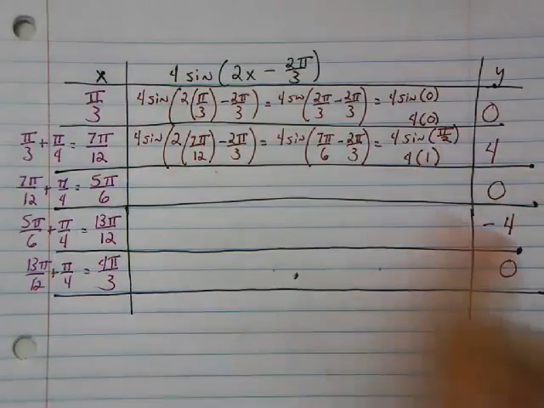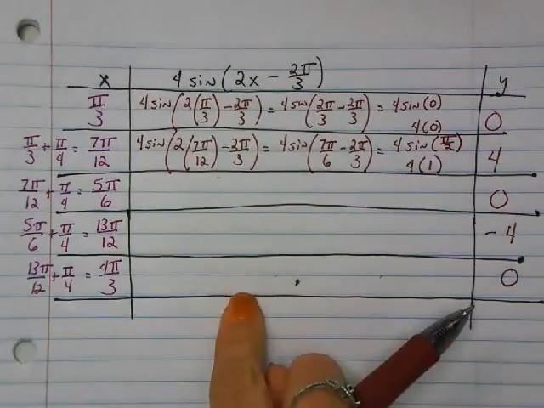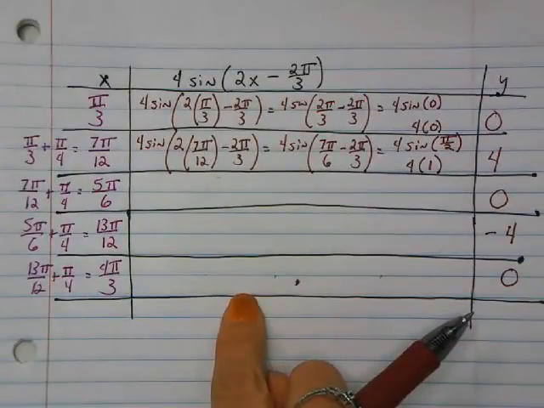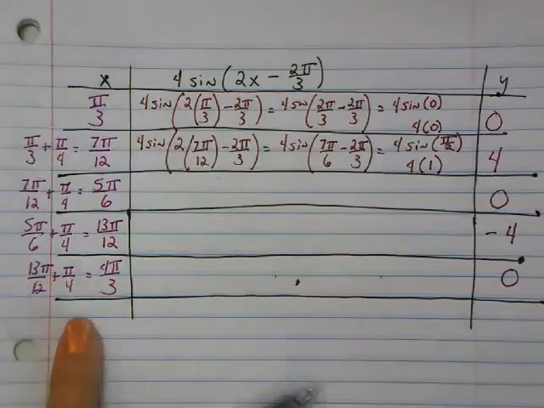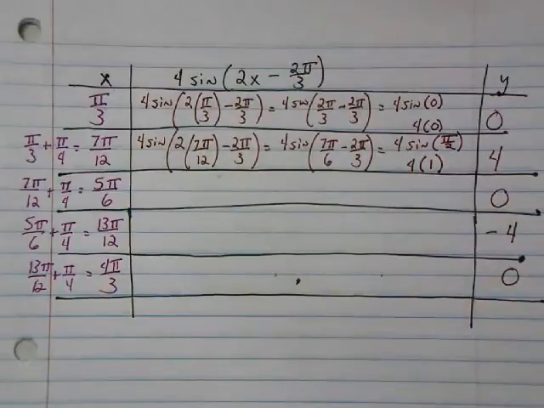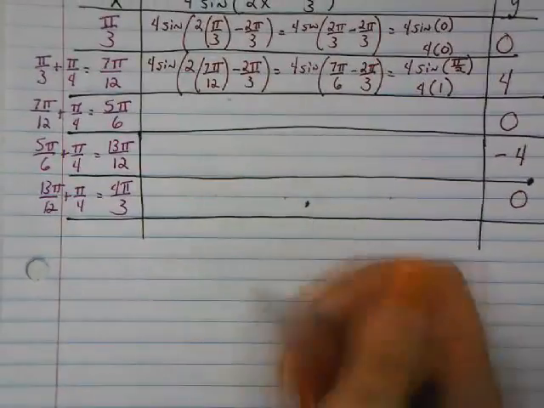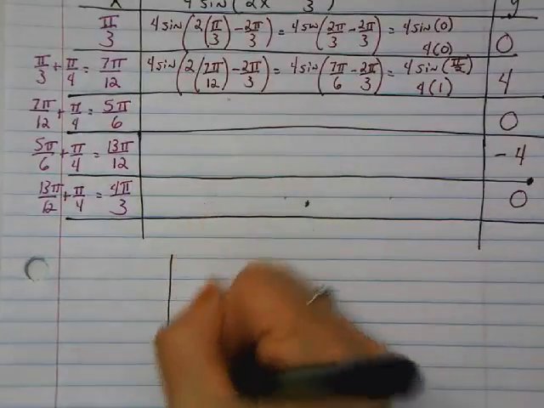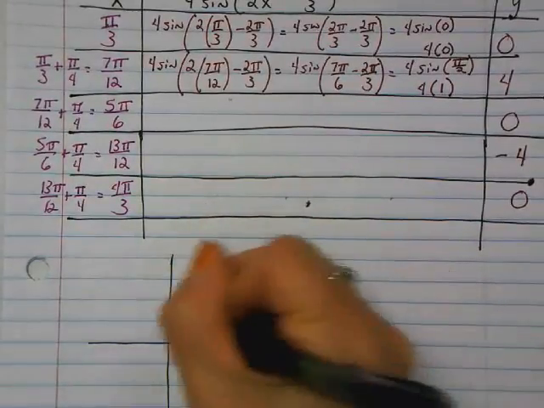Now, if you want, we could continue to justify in the chart. I don't think any of us wants to do that. So from now on, all I need to see is the x, the input, and the output. Alright, we ready to graph this puppy then? Alright, so my amplitude is 4.